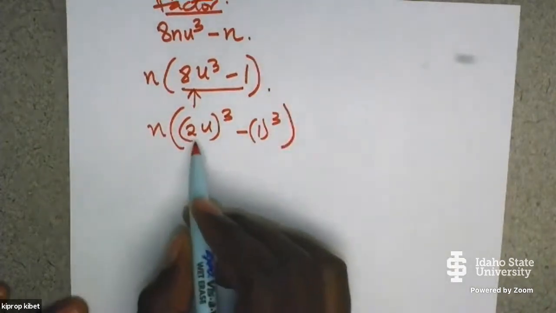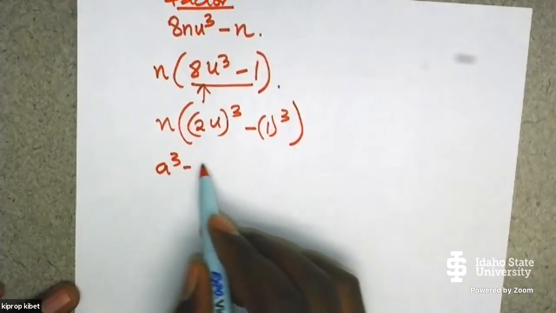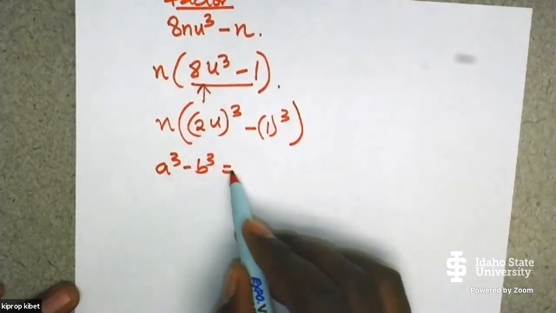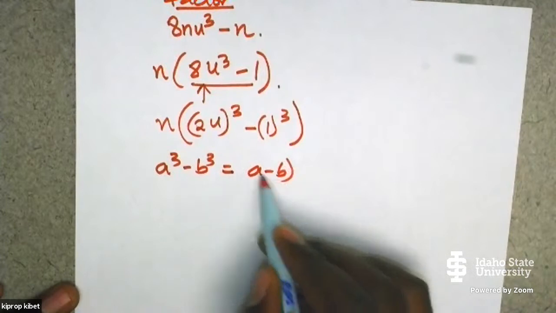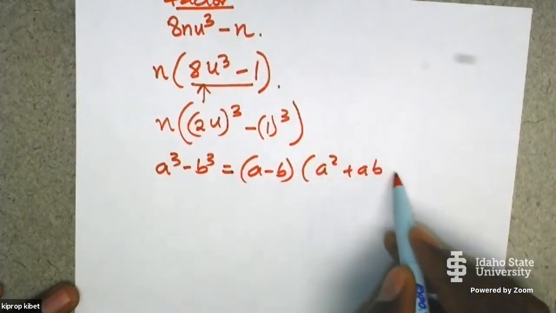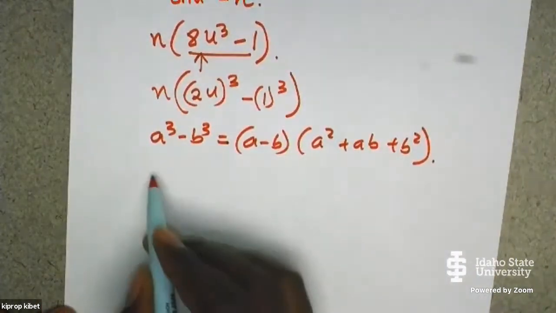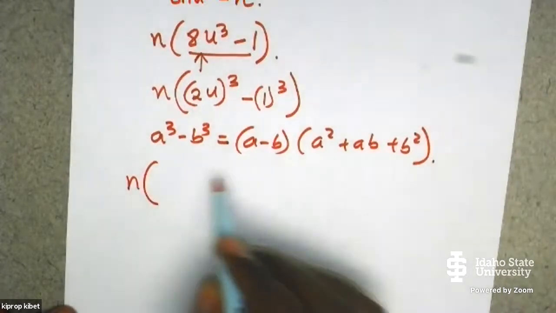And this one now brings us to the second formula, which is a cube minus b cube equals to what? (a minus b)(a square plus ab plus b square).